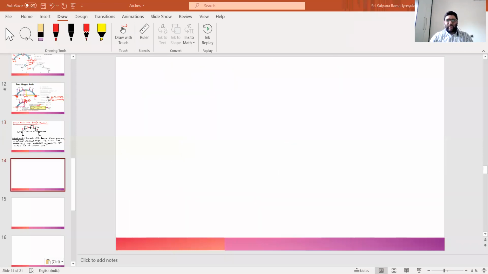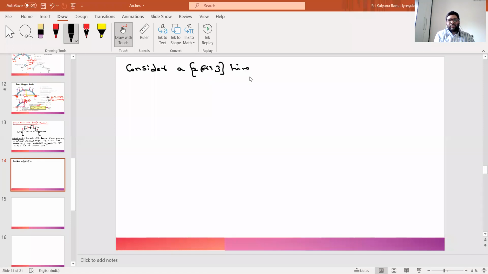So to start with, let us consider a two-hinged or three-hinged arch subjected to loads W1, W2, W3 as shown in the figure in the previous slide. So consider a two or three hinged arch subjected to loads W1, W2 and W3.